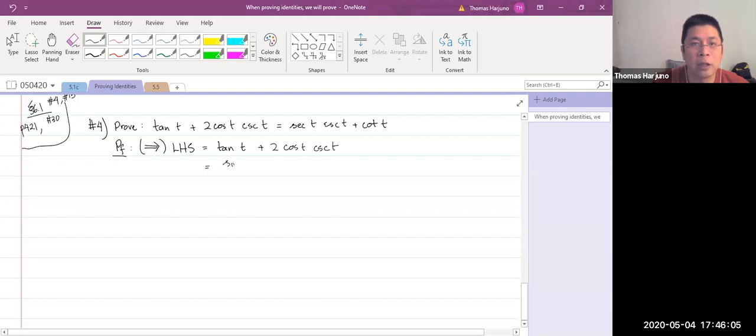Sine t over cosine t plus 2 times cosine t times 1 over sine t. That's sine t over cosine t plus 2 cosine t over sine t.